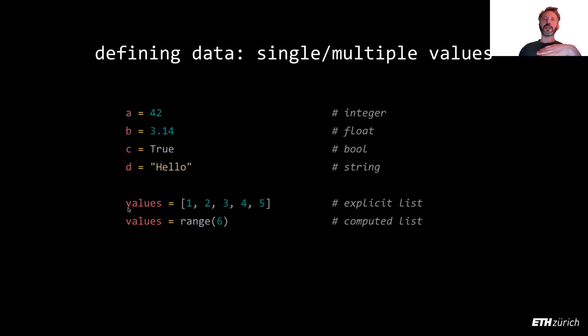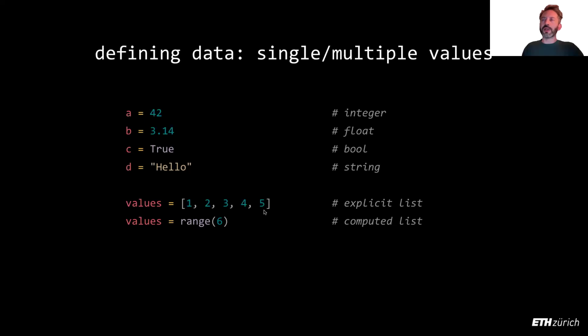And then the next category is values that are more than one in one variable. So in this case, the variable values holds a list of integers. It's a list of 5 elements, and it goes in order 1, 2, 3, 4, 5.